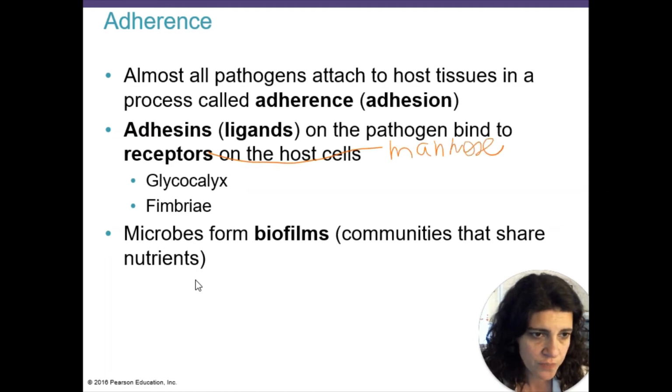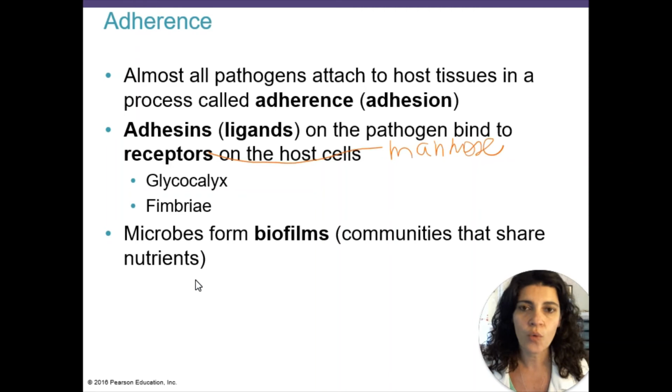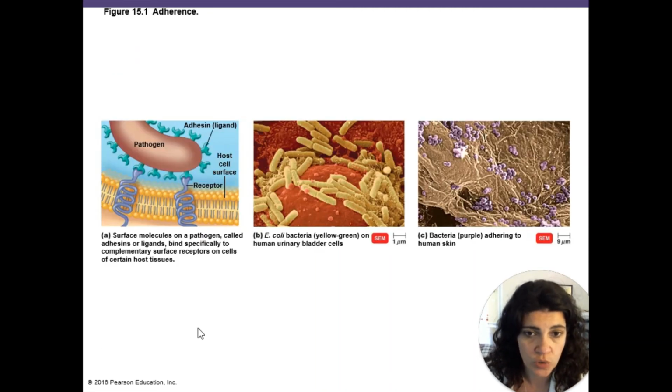It's a sugar on the surface of the host cell, and the pathogen can bind to it because they have these adhesins, okay? These adhesins are usually present in the glycocalyx, in the fimbriae, and also in microbes that form biofilms. They can share nutrients between each other, and that's a way to attach. The biofilm helps the microbes attach to the host.